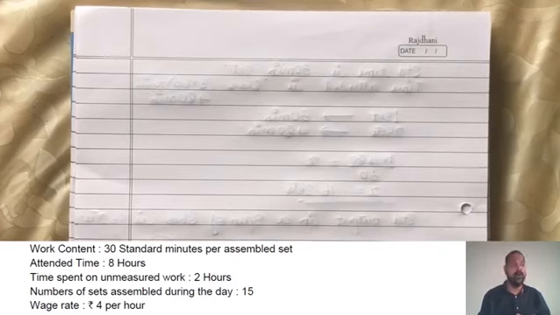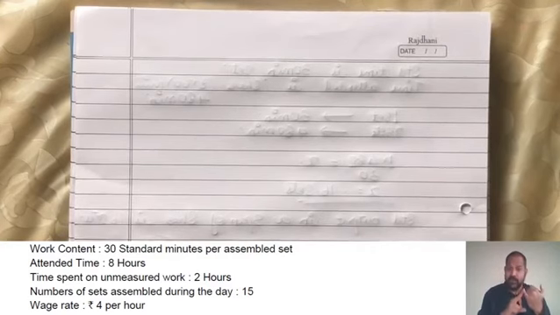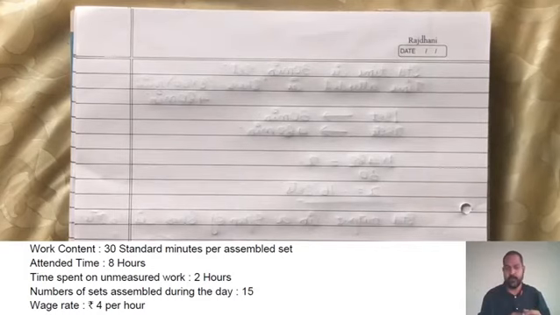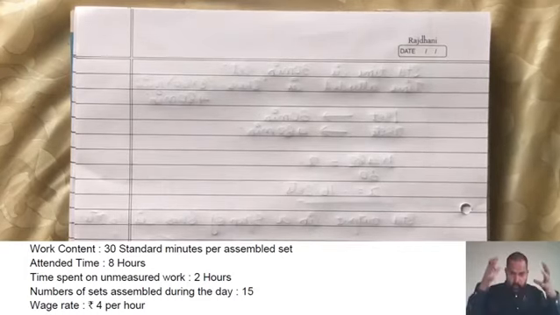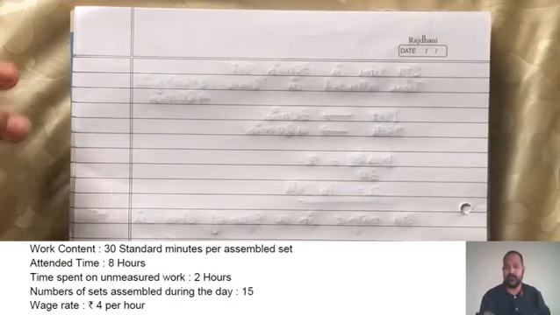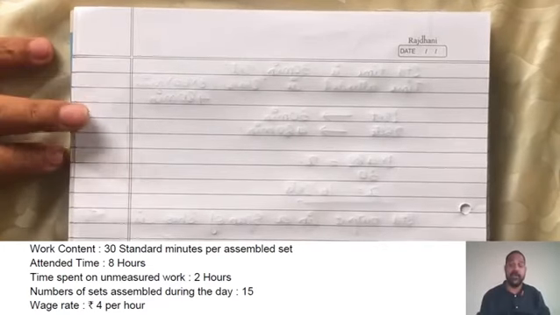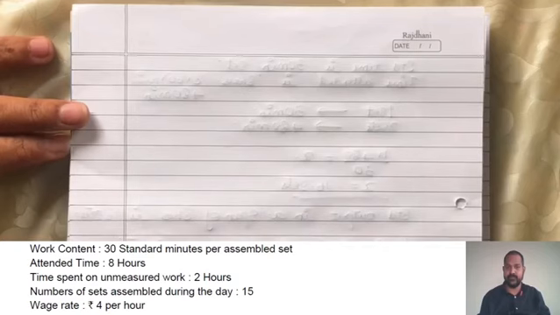If you are a coal miner, you have to clean all the equipment that you use to dig the coal out. Cleaning that equipment has to be done once every morning. So when you come to work, your first job is to start cleaning it. That again is unmeasured work.